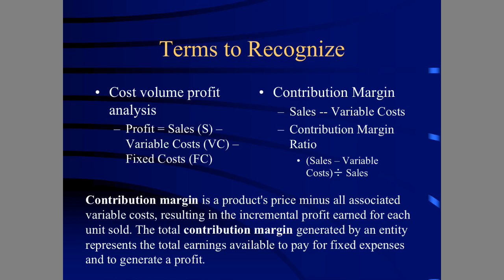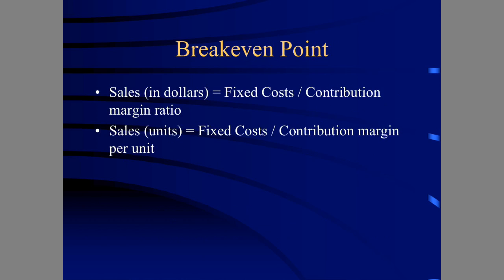So the formula for contribution margin is as follows. It is sales minus variable costs, divided by sales, which gives you the contribution margin ratio. We talked in a prior lecture about break-even point, which is where our sales equal our fixed cost plus our contribution margin ratio, which takes into account our variable costs.